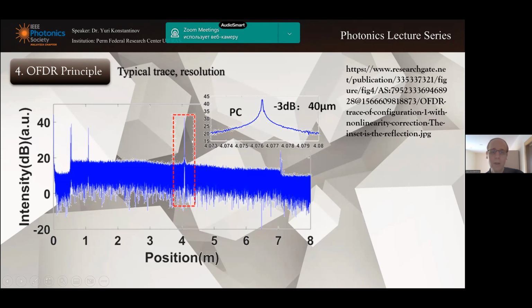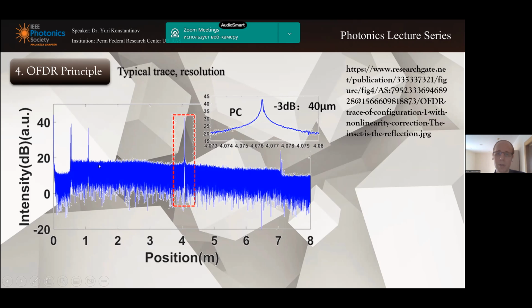So in this OFDR trace, in the raw data we have the sum of the cosine functions, and if we apply the fast Fourier transform, we could extract the reflections in the line and the scattering at every point. So the first stage is very, very simple. We need to apply the fast Fourier transform.